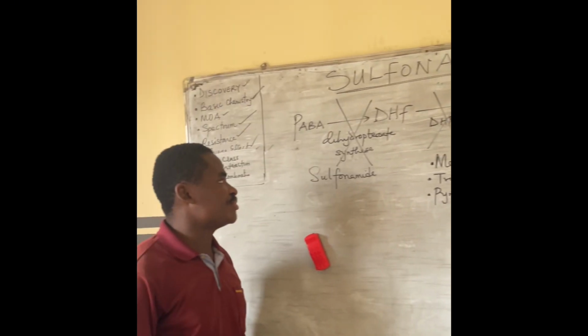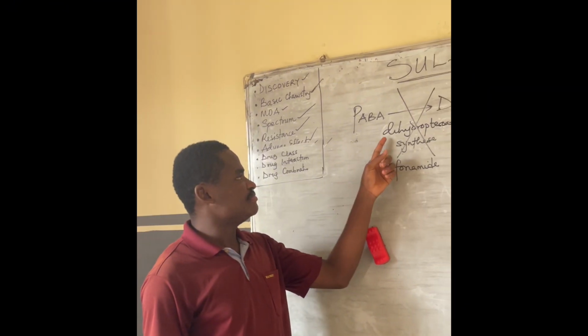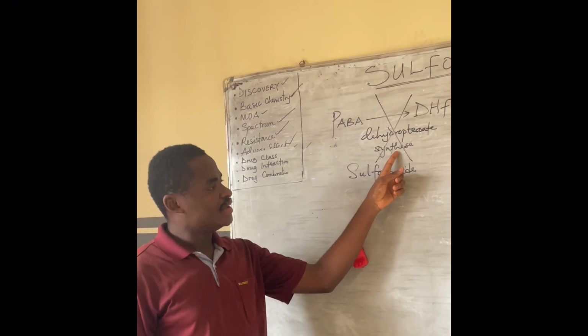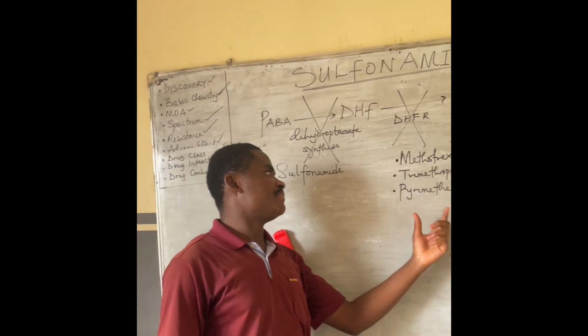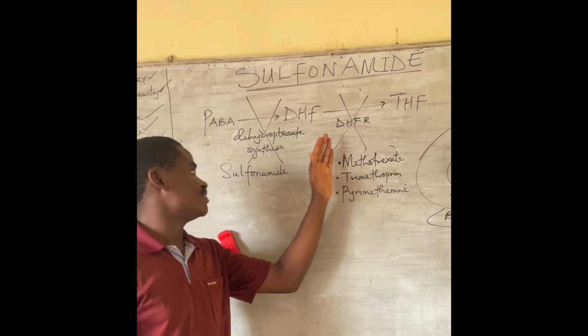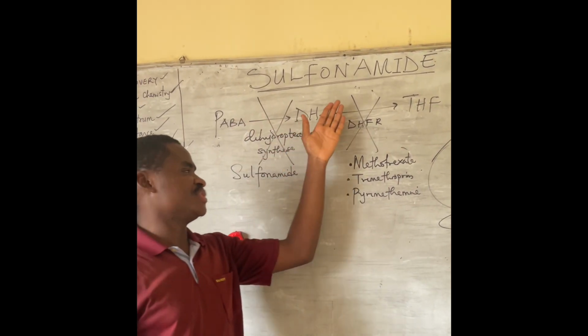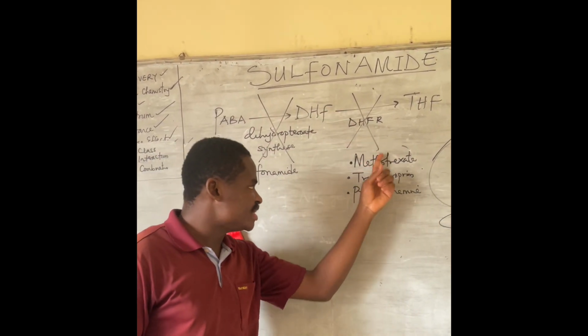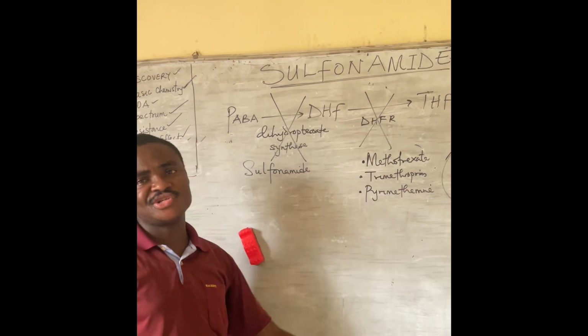So these are drugs you should remember. Sulfonamide inhibits dihydropteroate synthase. Methotrexate, trimethoprim, and pyrimethamine, for the sake of inclusivity, although this is not where we are really stressing, you should know these 3 drugs as they inhibit dihydrofolate reductase.